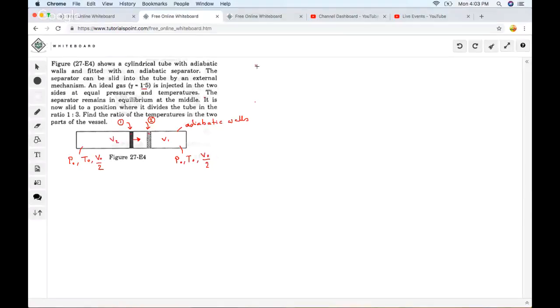What is given is V1 by V2 is equal to 1 by 3. We need to find the ratio of temperatures in the two parts of the vessel, that is T1 by T2.